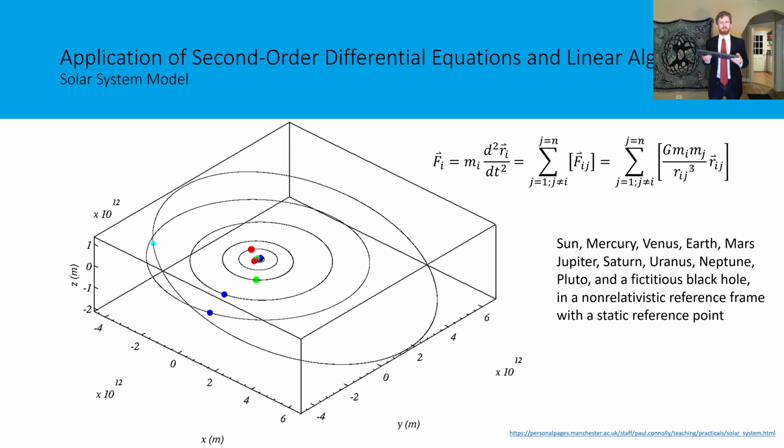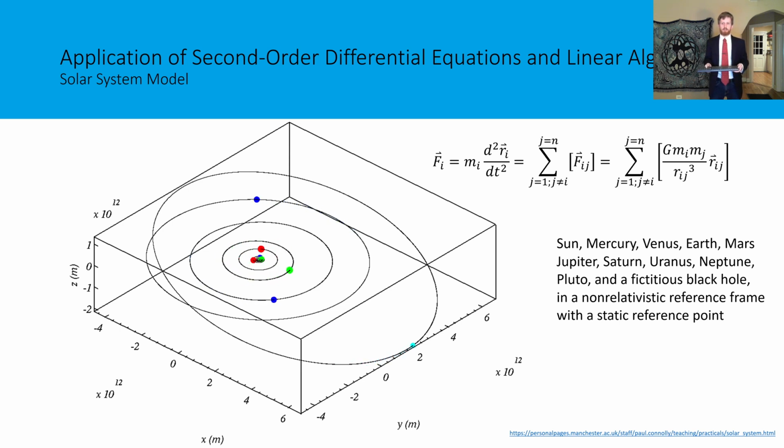I believe that the black hole is present to really anchor the positions of the celestial bodies in this model around a central, relatively static reference point. So, having a static reference point and introducing a black hole is definitely a limitation of the model.